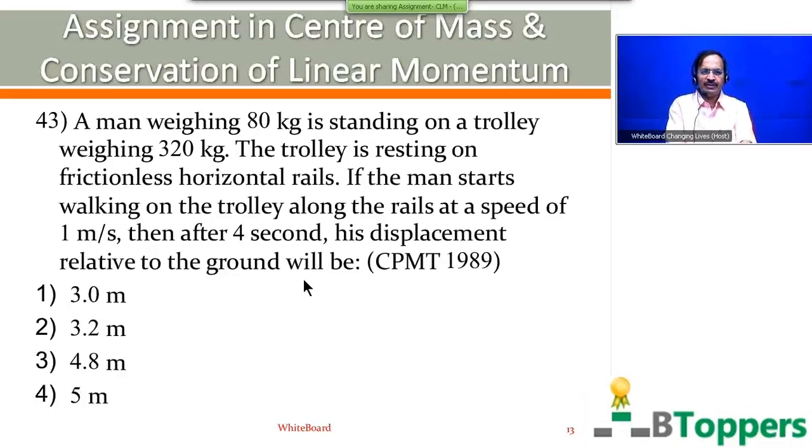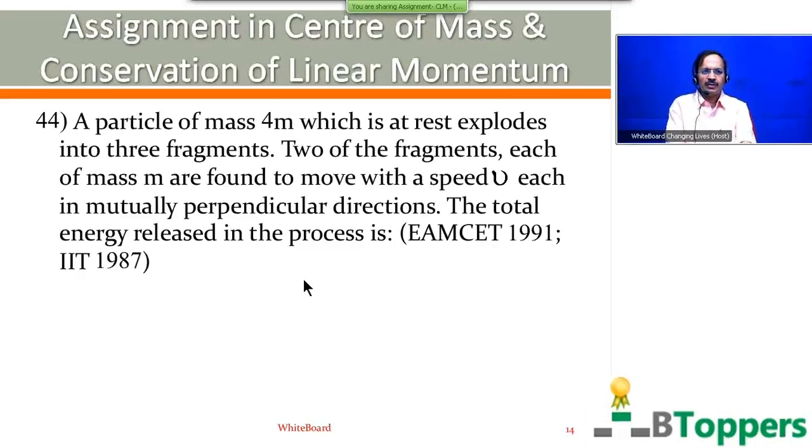I am going to show the next question on screen. See the question number 44. A particle of mass 4m which is at rest explodes into 3 fragments. 2 of the fragments, each of mass m, are found to move at a speed v each in mutually perpendicular directions. The total energy released in the process is.